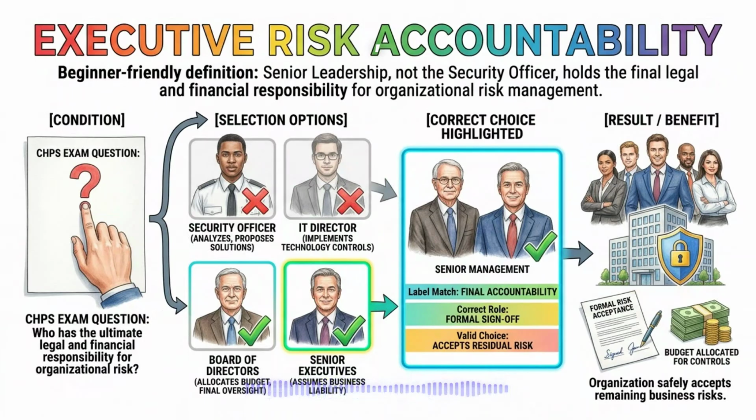Furthermore, executive leadership must be the ones to formally sign off and accept the residual risk on behalf of the business. If an exam scenario asks who holds the ultimate legal and financial responsibility for the organization's risk profile, always look to senior management.